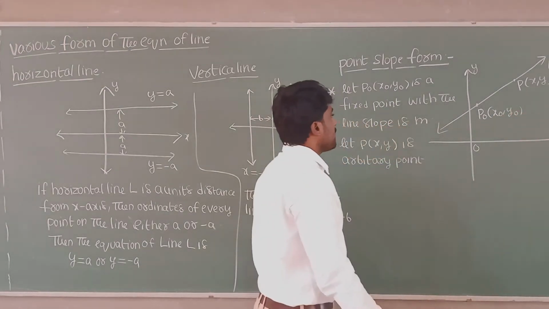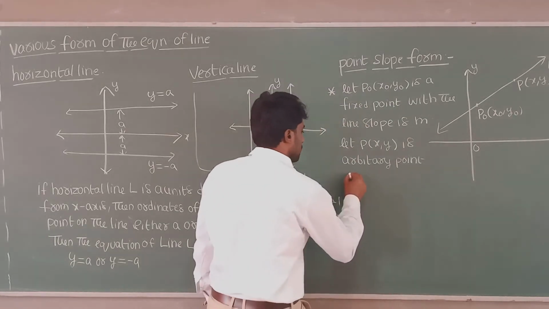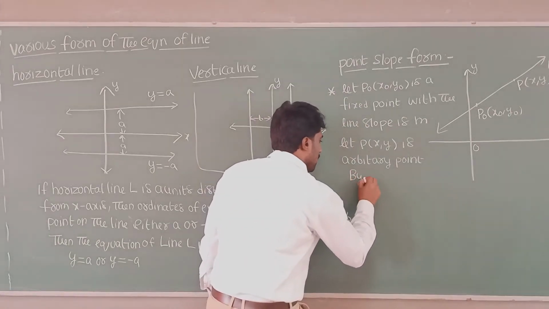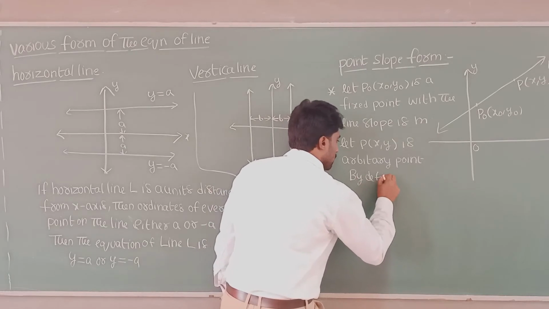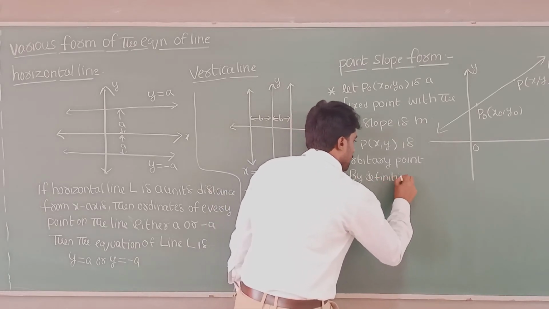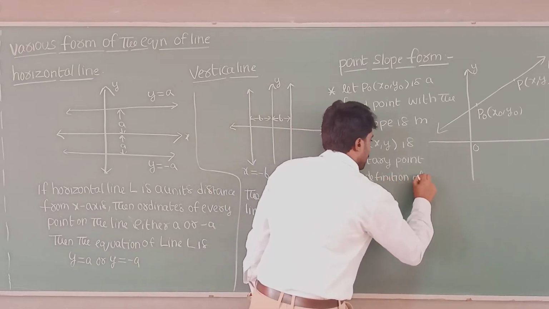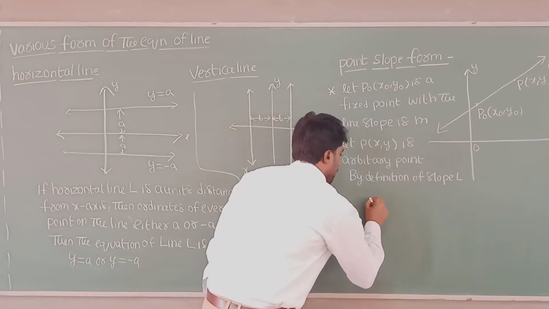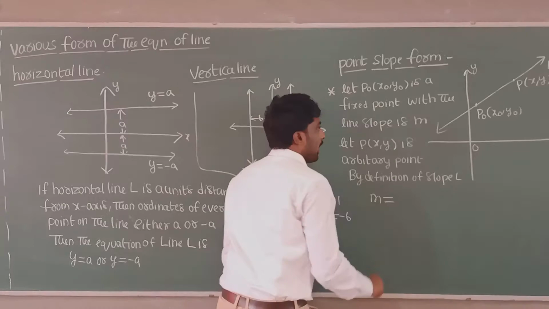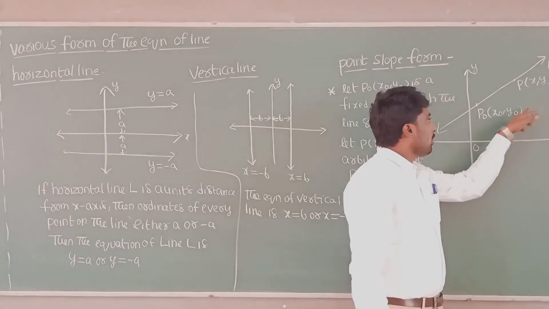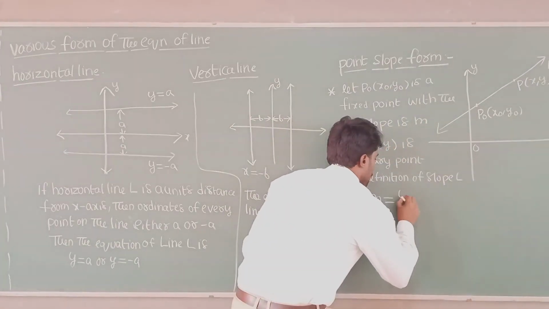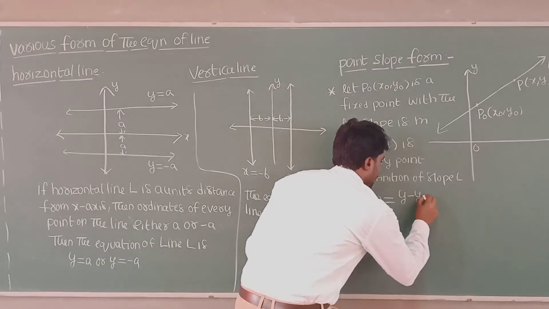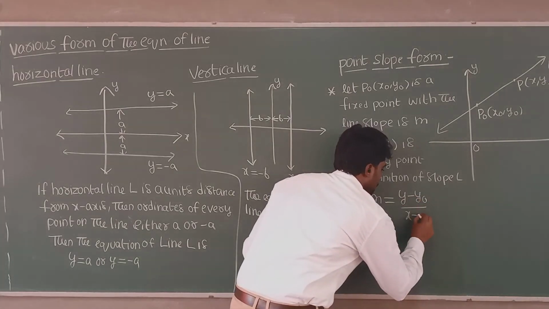Okay, now by using the definition of a slope, slope of L is m equal to y2 minus y1. What will I get here? y minus y naught by x minus x naught.